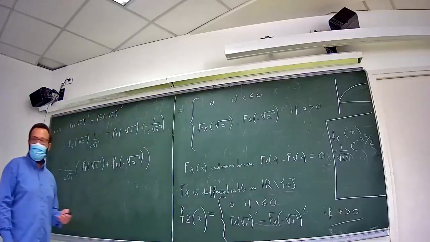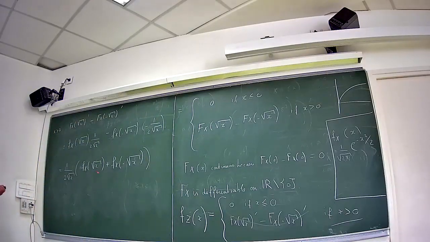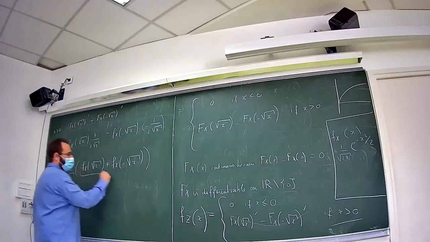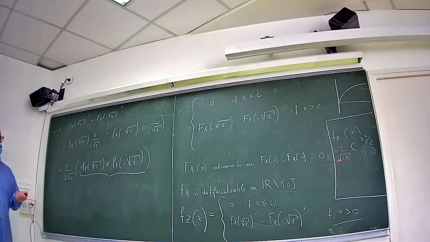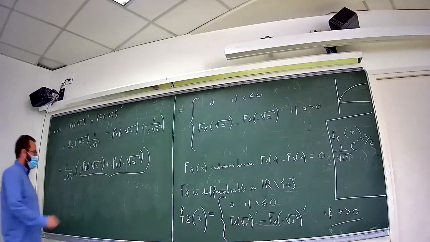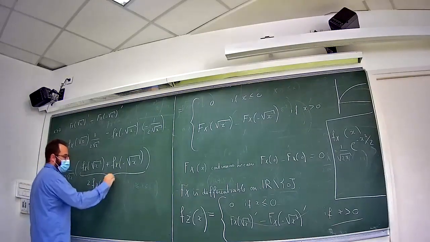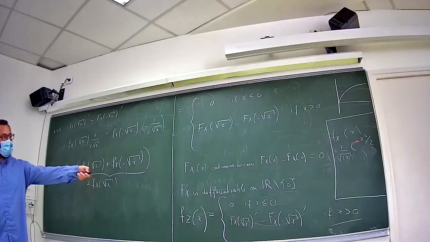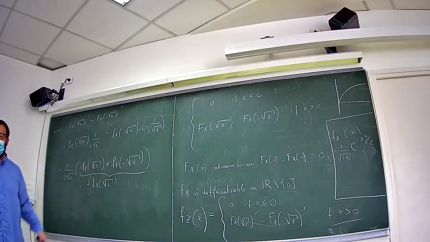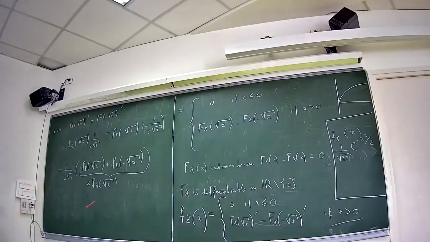So I have just to plug inside the square root, or inside minus the square root, but since I have a square here, to put this one or this one will give rise to the same thing. By the parity of this mapping, it's an even mapping, I obtain 2 times f_X of the square root of x, because if you put inside the square root of x or minus square root of x, you obtain exactly the same thing. So I have 2 times the same value, and now I just have to plug inside.